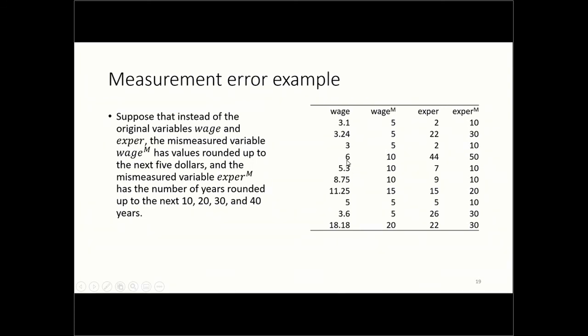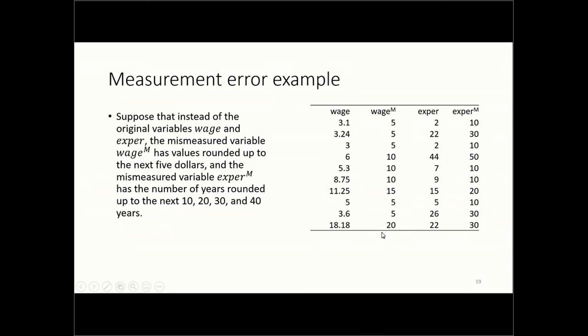So if I have 6, it's rounded up to 10. So basically, I was just rounding up this variable to show you what if we had a rounded up variable like that. And again, this may happen because these wages are measured as intervals or people rounded them up and so forth.